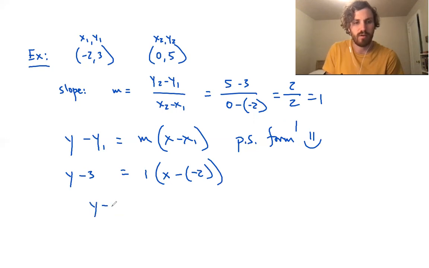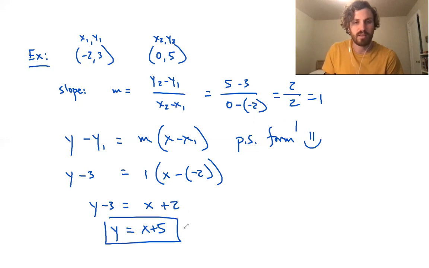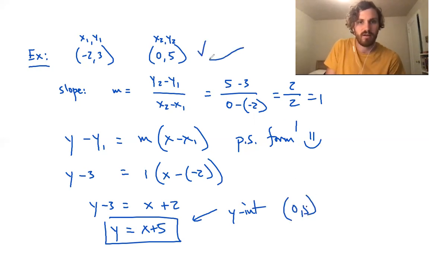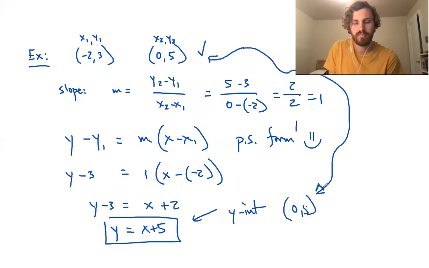And so that would be y minus 3 equals x plus 2, or y equals x plus 5. So that would be my equation. And it makes sense because here the y-intercept is 0, 5, and that is what I saw up here as well. So it makes sense that my y-intercept would be 5. That matches what I had.